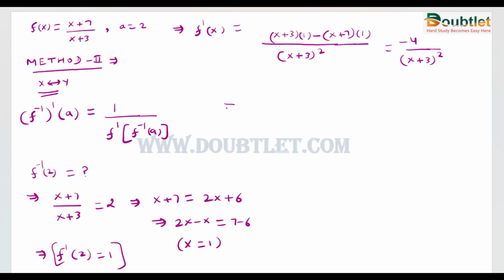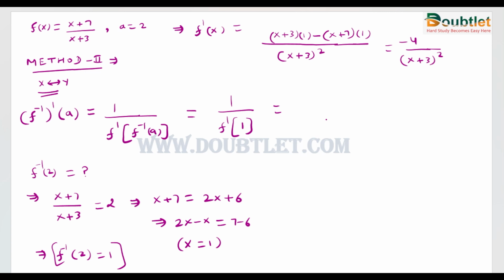Now if we put this value in the formula, we get f dash of f inverse 2, which is f dash 1, and f dash x is here. Sorry, I have made some mistake.